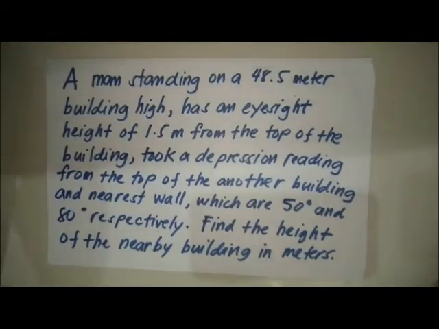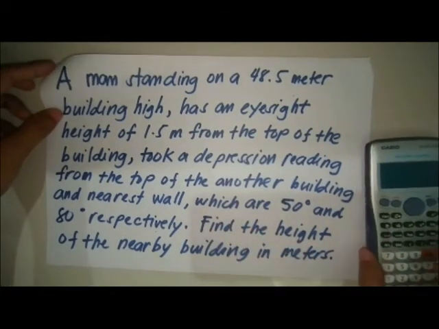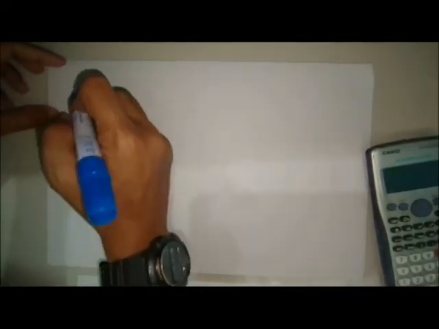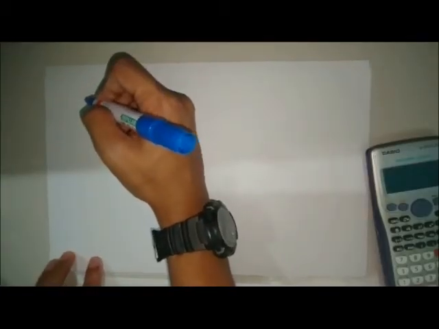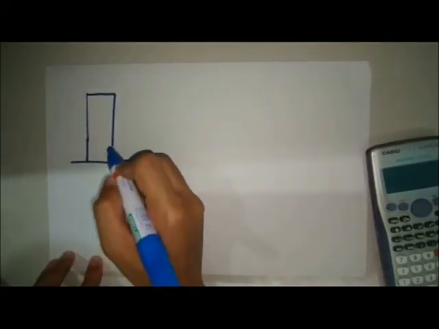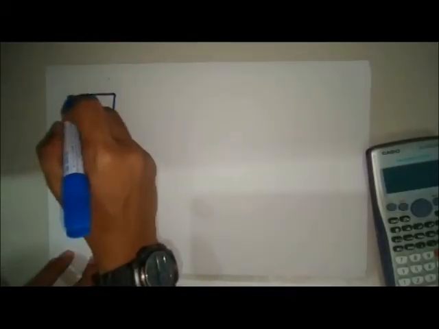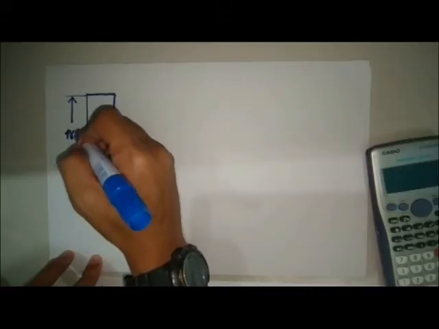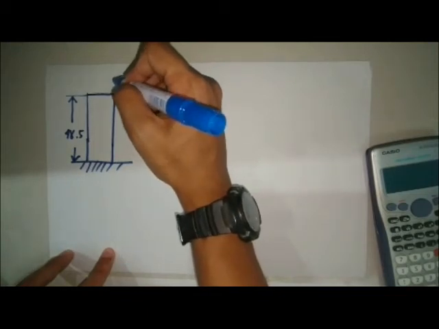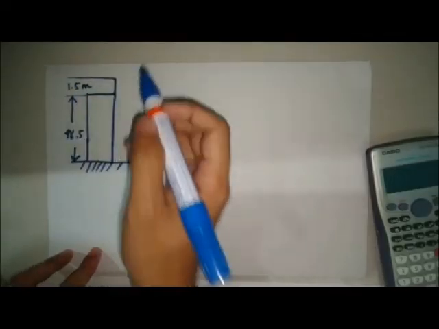So the first step is to illustrate the figure. Here, we have a building that is 48.5 meters high, and the line of sight of the man is at a height of 1.5 meters.